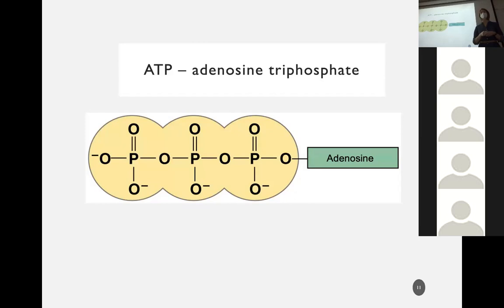It stands for adenosine triphosphate. So that means 3 phosphates. And those 3 phosphate groups are basically what gives it all of that energy. So that's a huge reason why you will continue to hear about phosphate throughout the semester, because we'll be talking about ATP a lot.